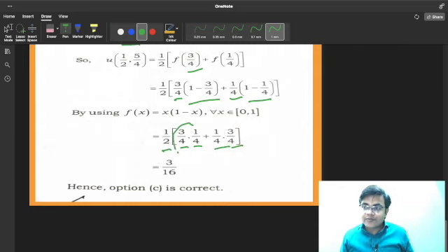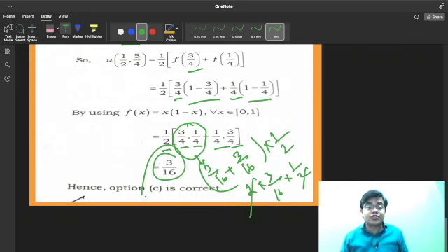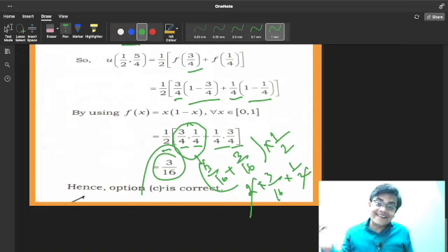So finally it will become 3 by 16 plus 3 by 16, into 1 by 2. So it will become 2 into 3 by 16 into 1 by 2. The 1 by 2 and 2 cancel. You will get 3 by 16, which is your final answer.